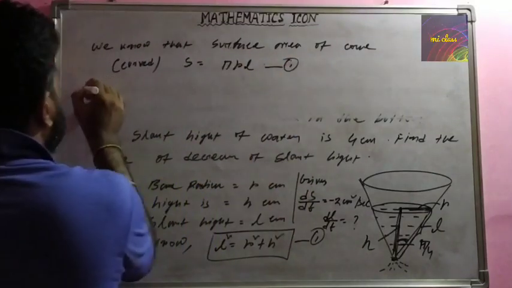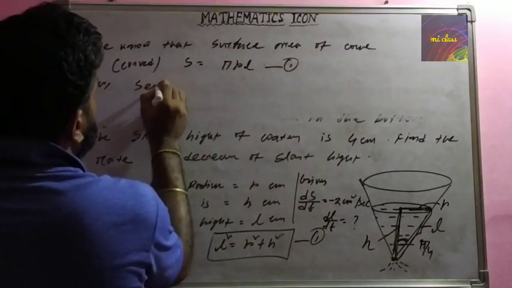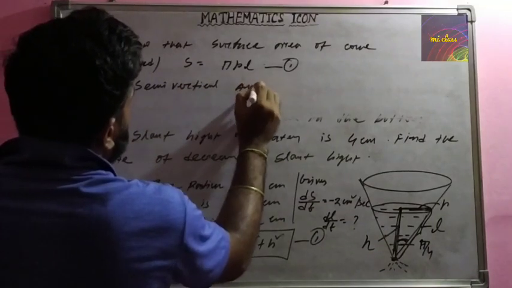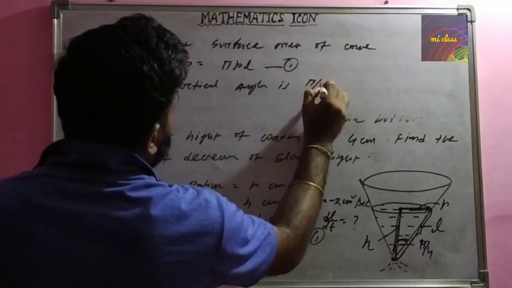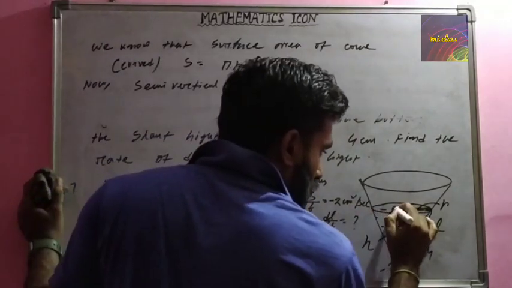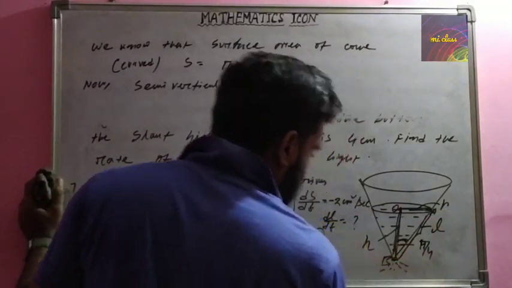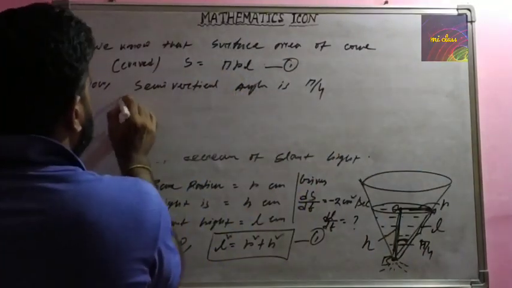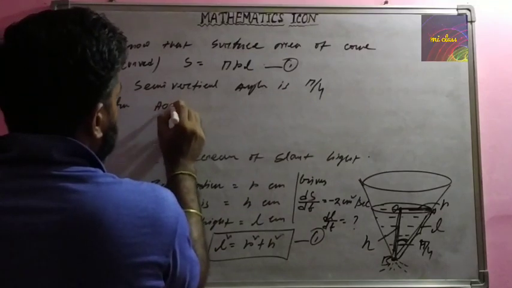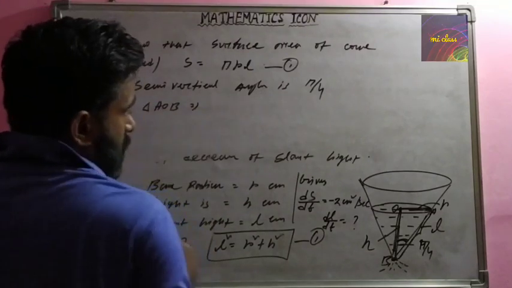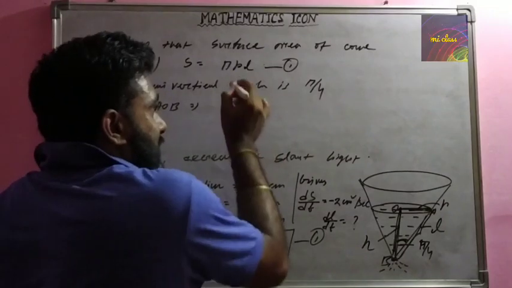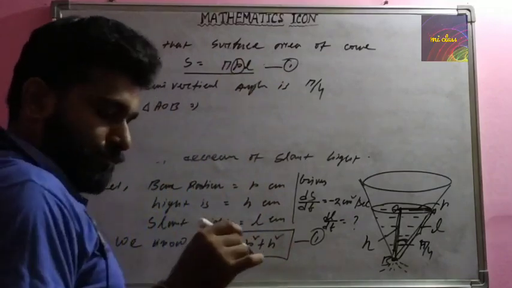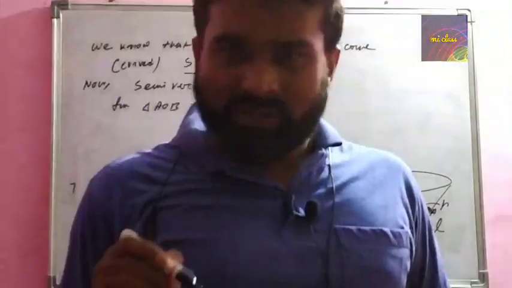Now, the semi-vertical angle is pi by 4. This is triangle AOB. In this surface area expression, the R term is useless.